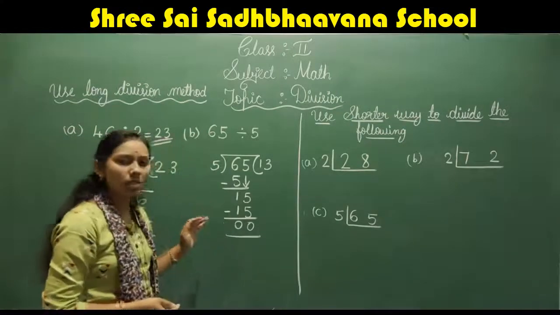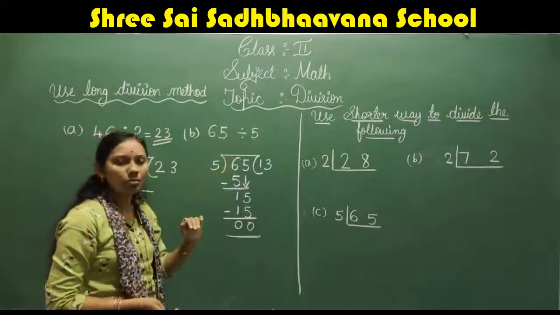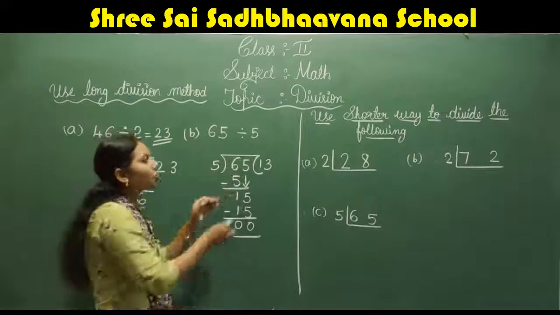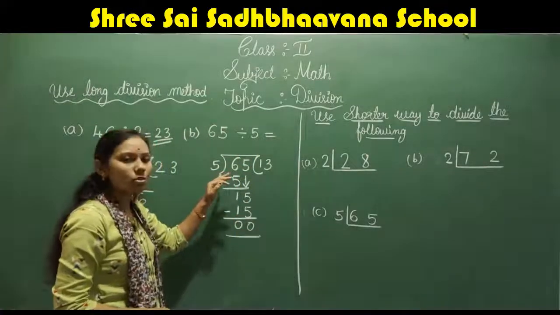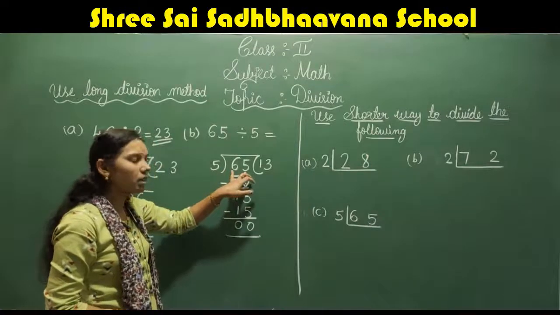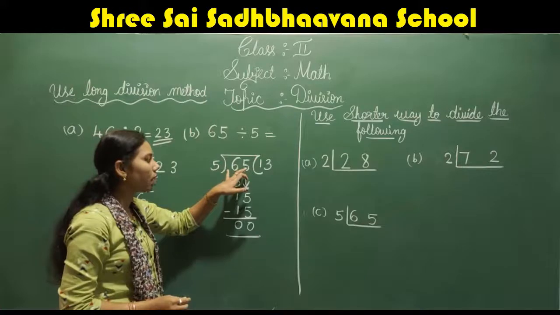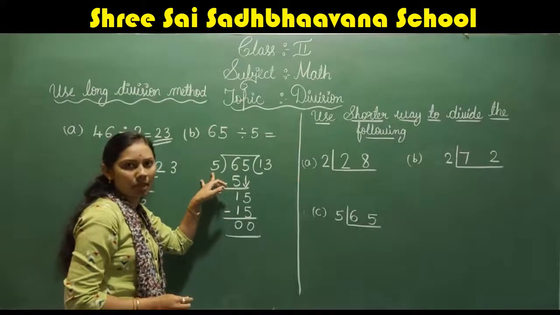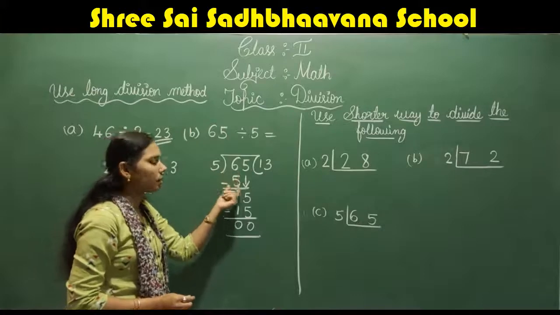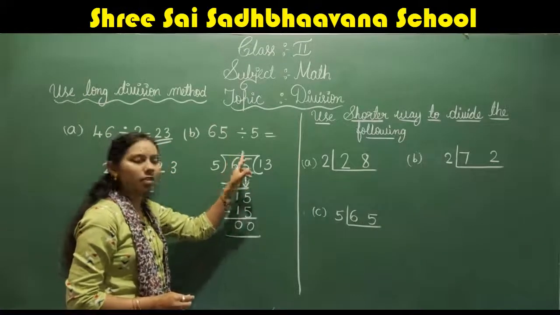Yes. So once again I'll explain. 65 divided by 5. We have to find out the quotient here. 65 is the dividend. We are going to divide the dividend by the divisor, that is the number 5. First, we are going to take the tens place, as we know, 6 tens, 5 ones.